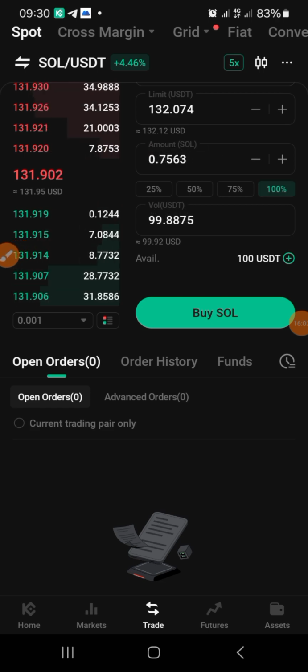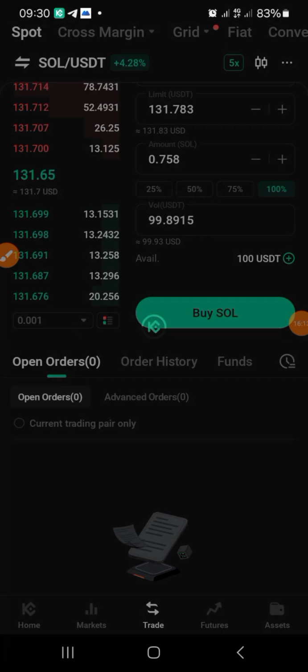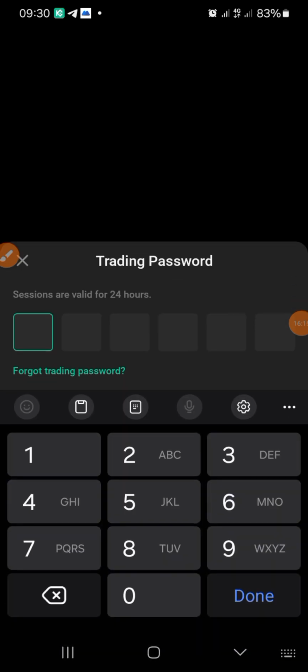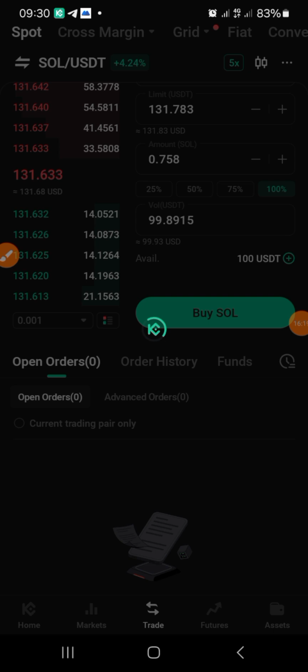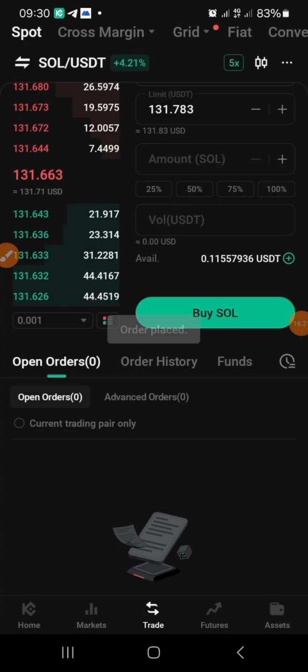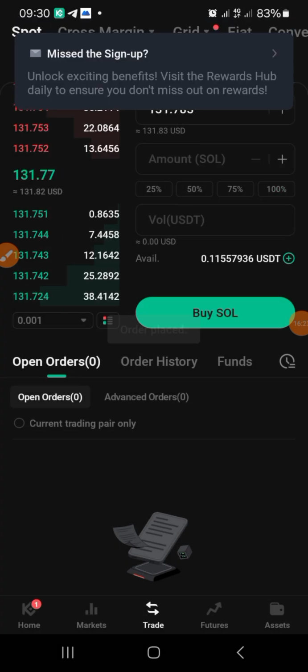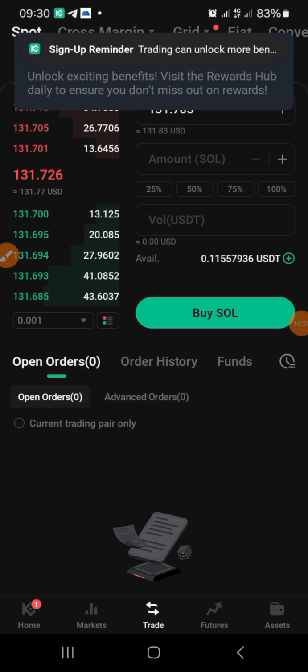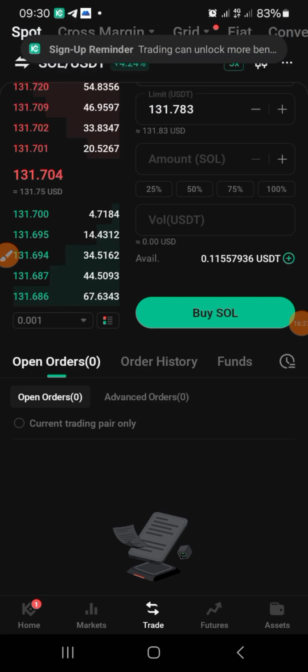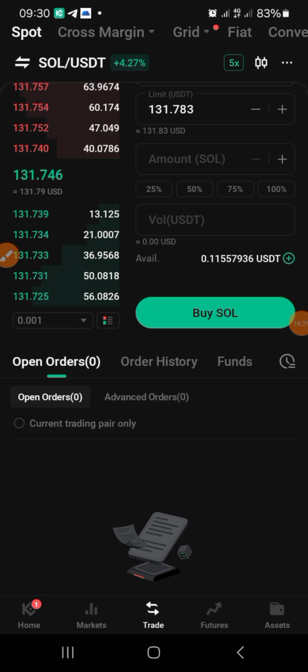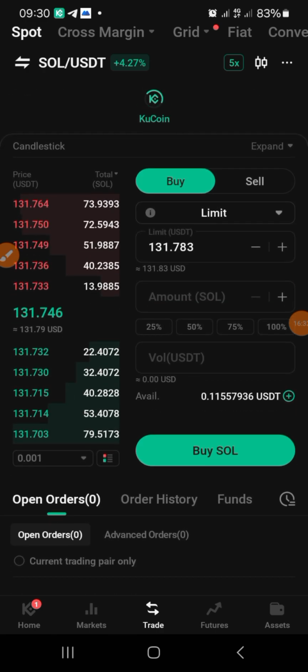They are going to be charging me some cents to be able to get this token. So this is it. I click buy now. Okay, you can see my order has been placed.